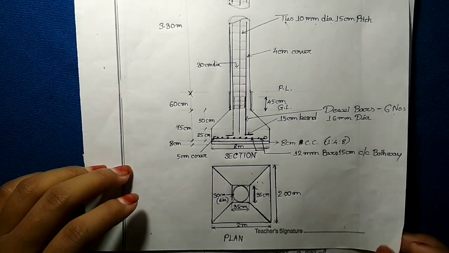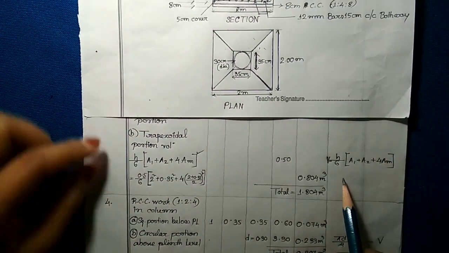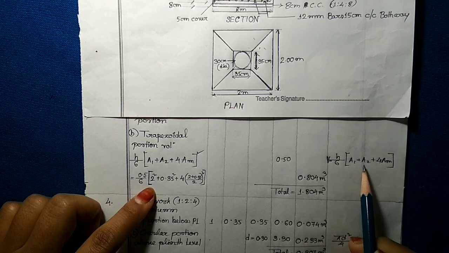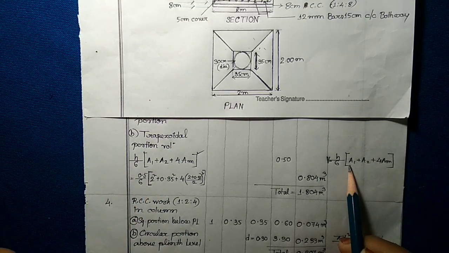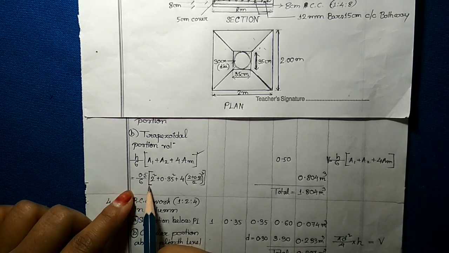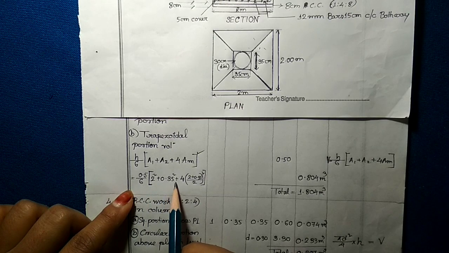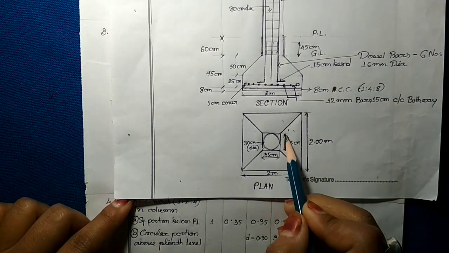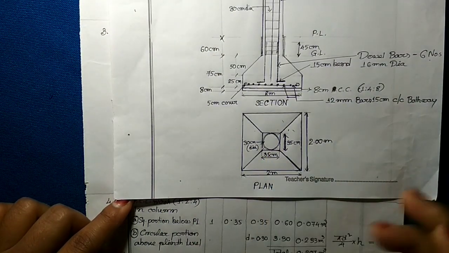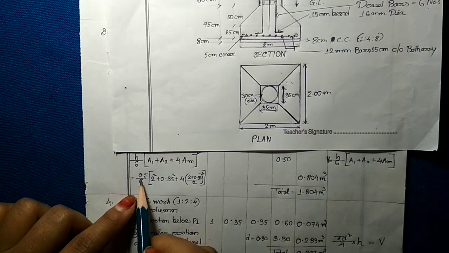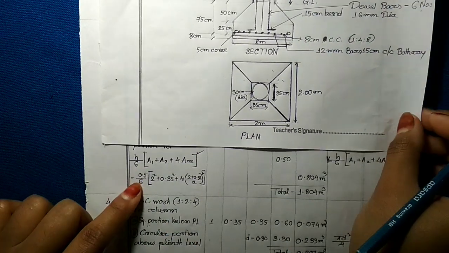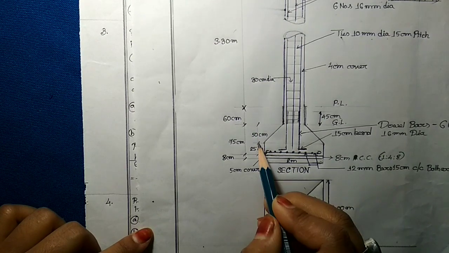That means the two areas, by considering both smaller and bigger side. I have already mentioned here 2 square and 0.35, and 0.35 is this much. And height is 0.5, this much.